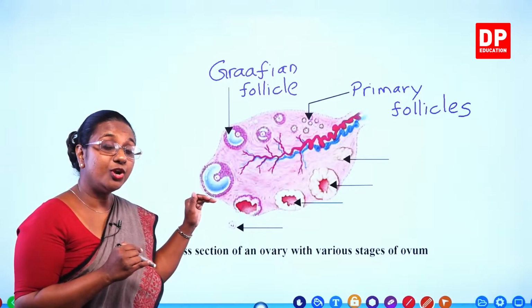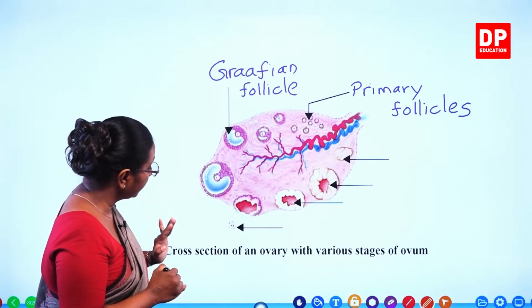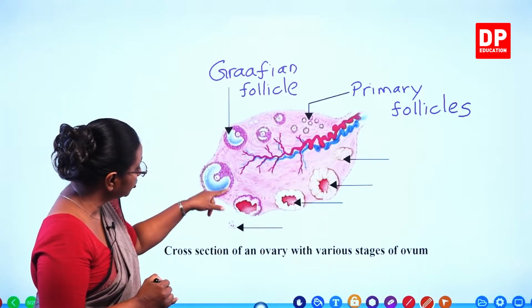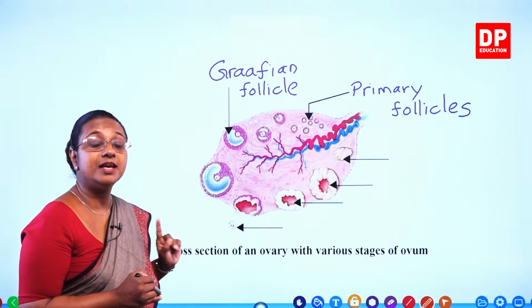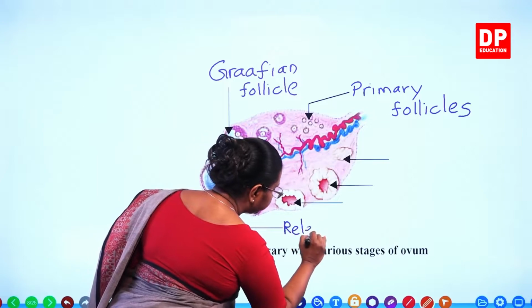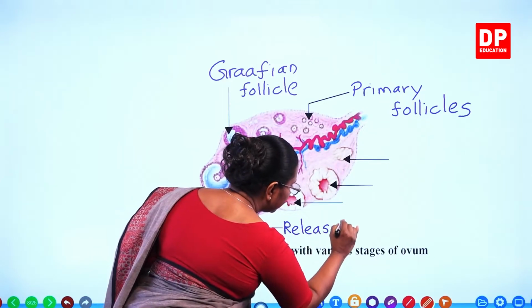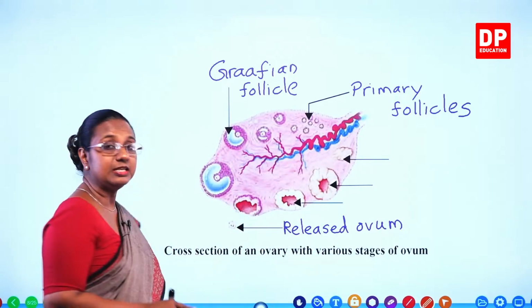So as I told you all, this will be on the 14th day. So on the 14th day, here you can see the mature Graafian follicle burst and the ova is released. So this is the released ovum, because it's only one ovum.